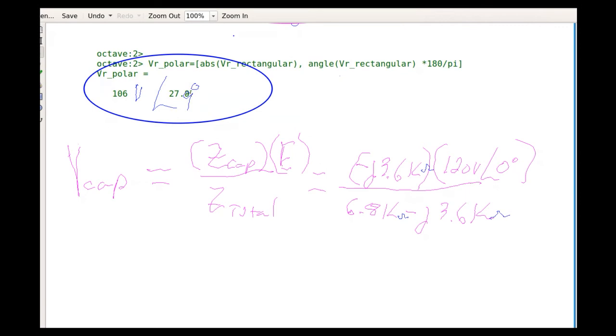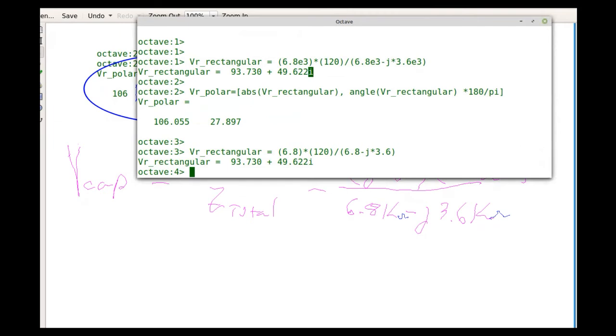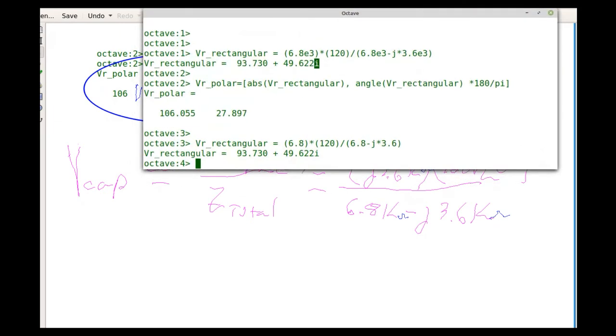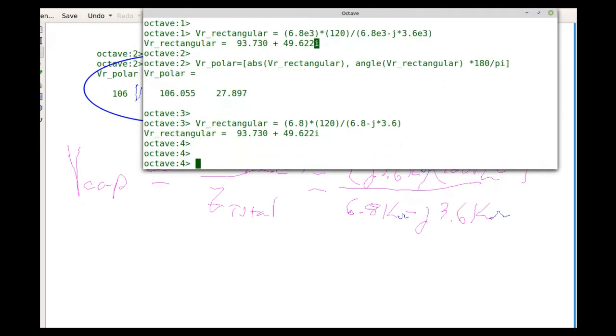So if I flip back to Octave to calculate this, again, this is a nice feature of Octave: I can use the up arrow key and come back up to the rectangular, and I just come over here and change this. This is my cap.